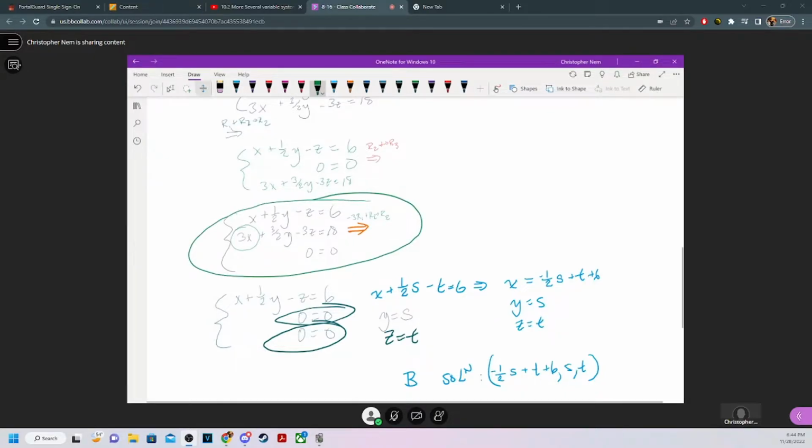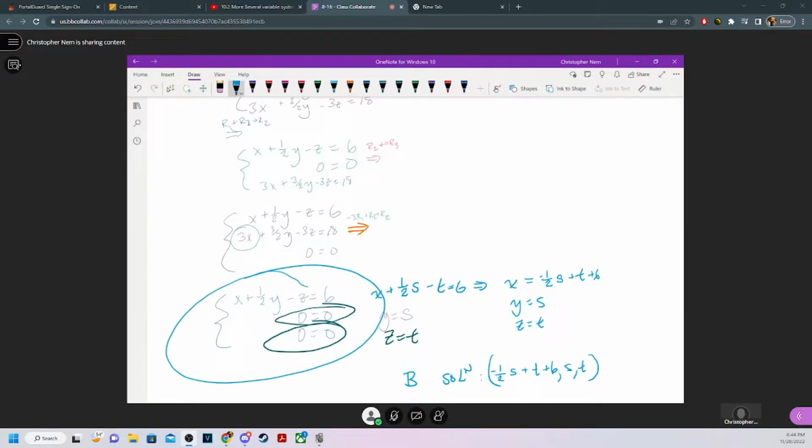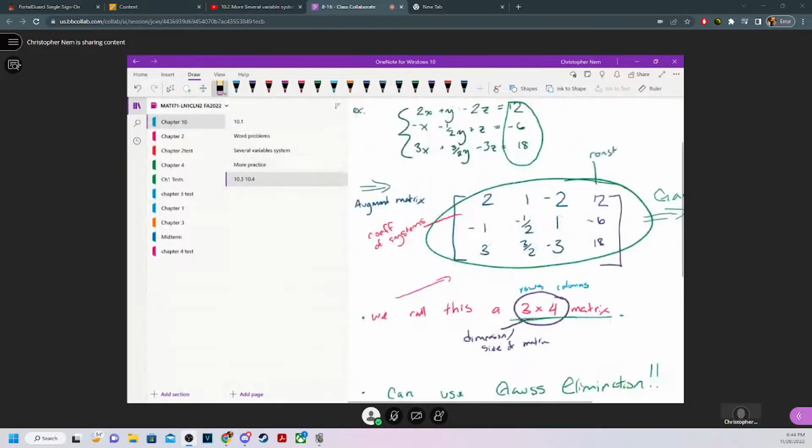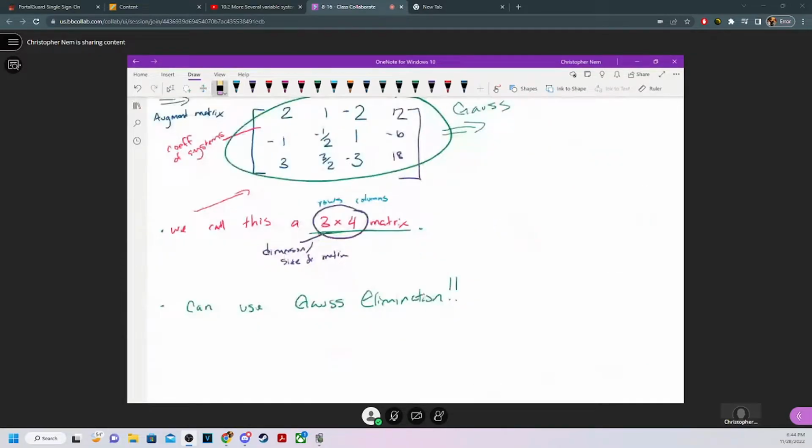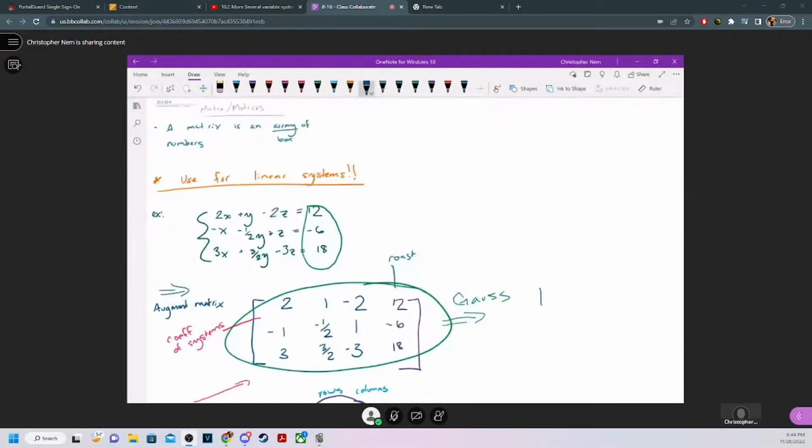If I were to write this as a matrix, we have 1, 1/2, negative 1, 6. This turns into 1, 1/2, negative 1, 6.